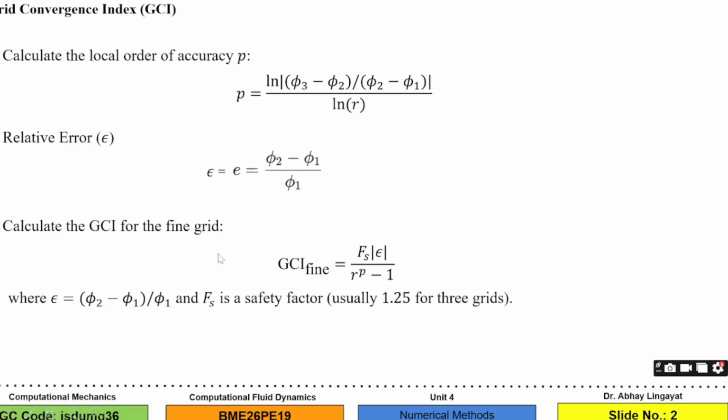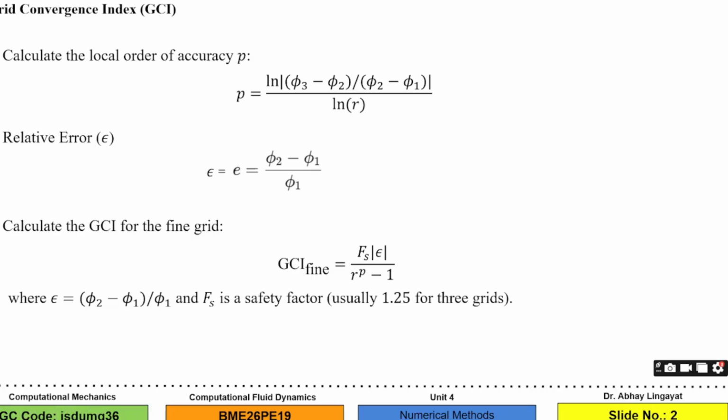It ensures that the GCI value is conservative, not overly optimistic. And as we know, the grid convergence index, GCI, gives the percentage uncertainty in the numerical results. It is the most important output as it tells us how close our solution is to the exact or grid independent values.